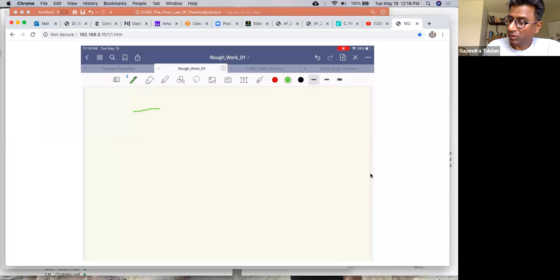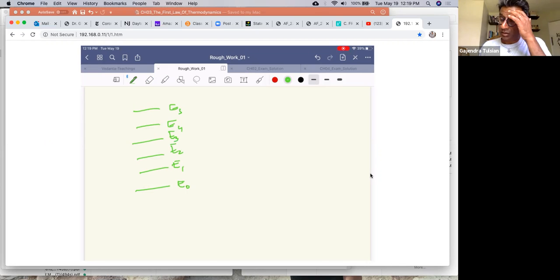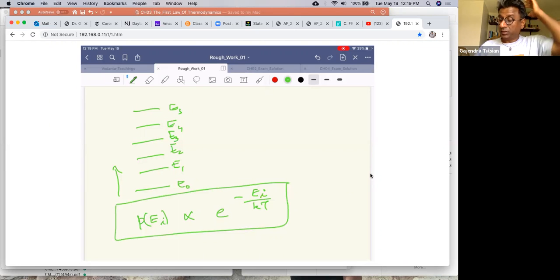There are the energy levels: ground state energy, first excited state, second, third, fourth, fifth. If you ask what is the probability that a system will occupy this energy E_i, Boltzmann's distribution law says it is proportional to e to the minus E_i over kT. So that's the important relationship.